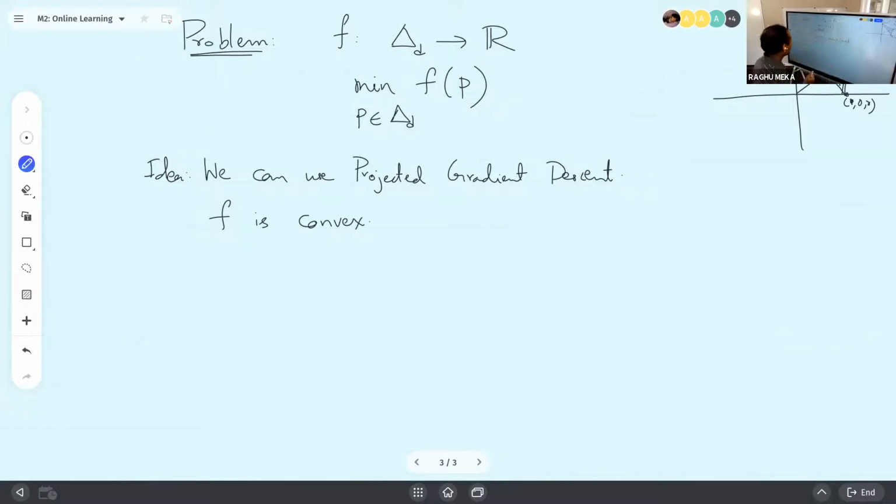Okay? So one way to say that is if I look at the gradient of my function, and I change one coordinate from 0.2 to 0.1, I want to say that the value of the function doesn't change by more than 0.1. Something like that.